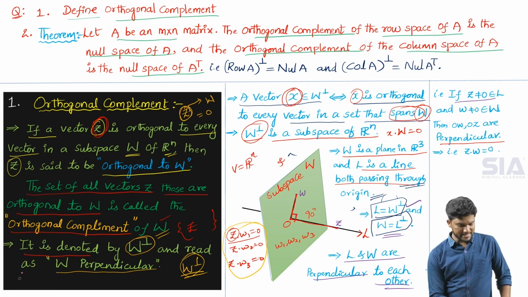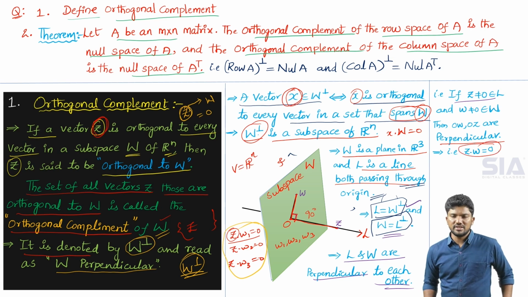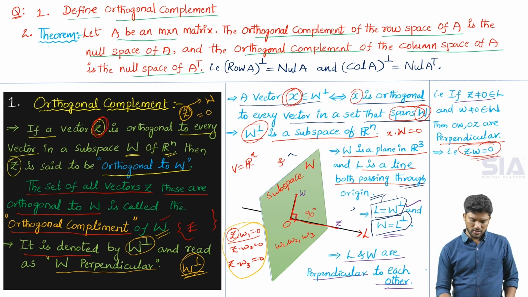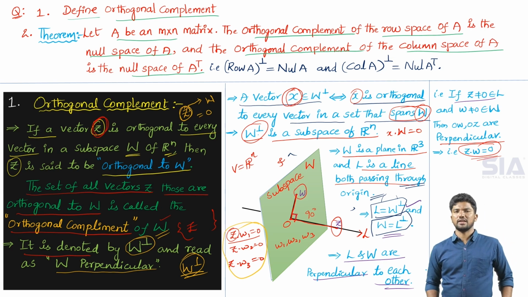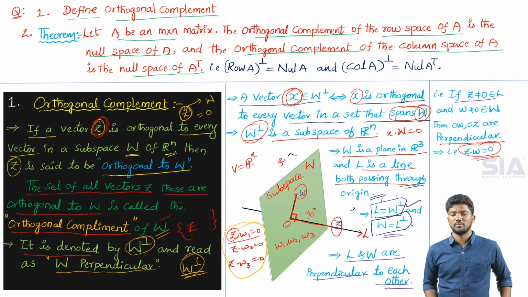So therefore z into w, where z is one vector from L and w is one vector from W, their product z into w is equal to 0. That product is the inner product.